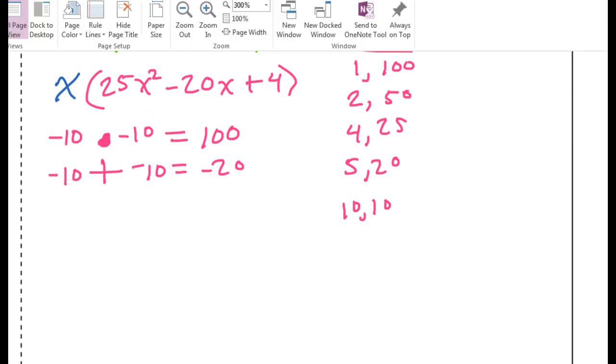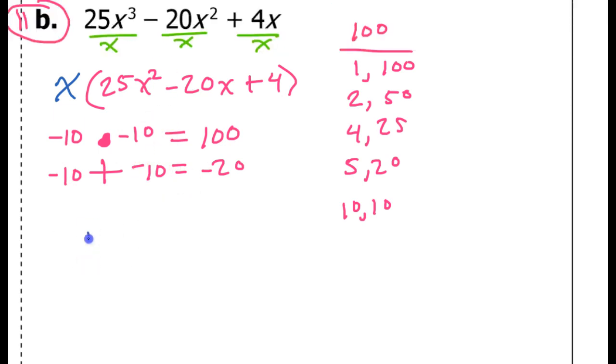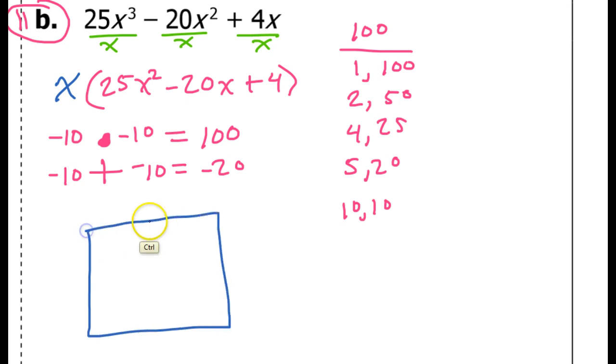So time for the box. In the first square goes the first term, so 25x squared. In the last square goes the last term, so 4.